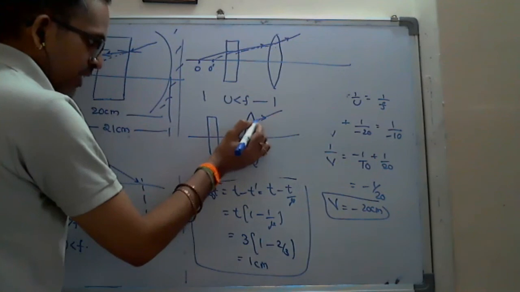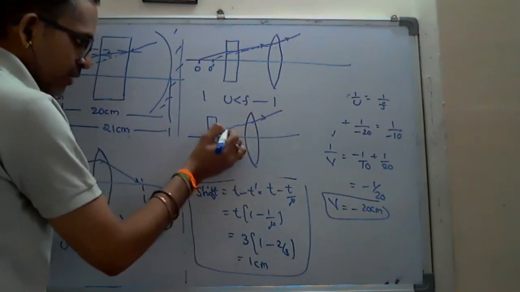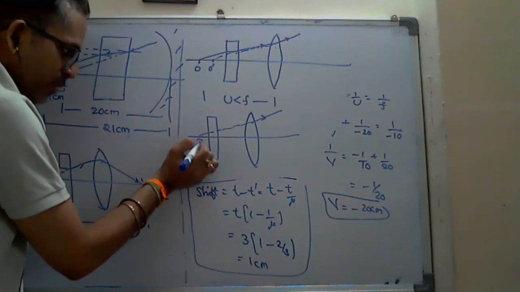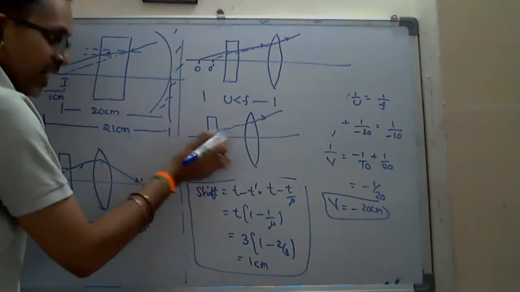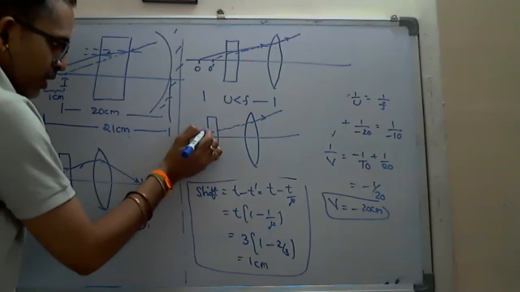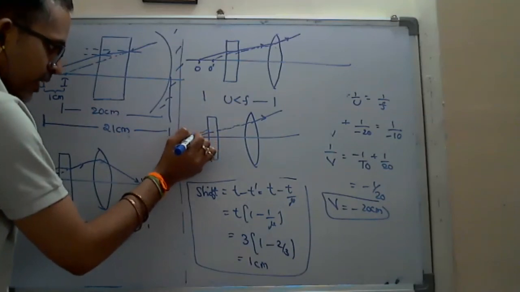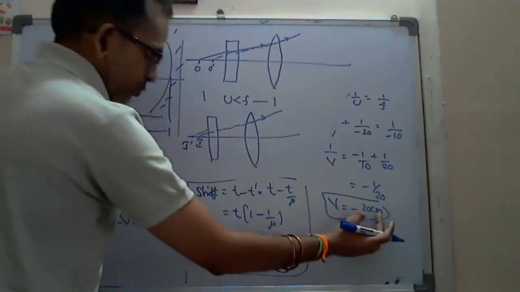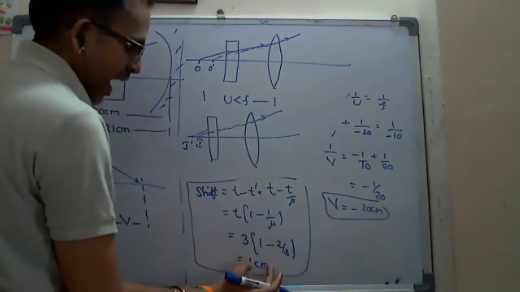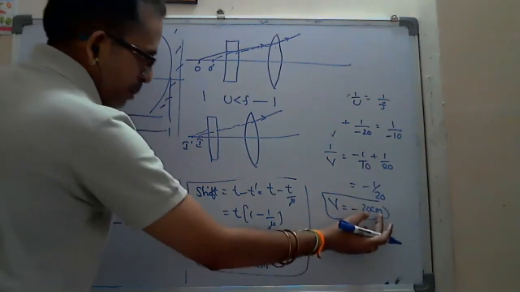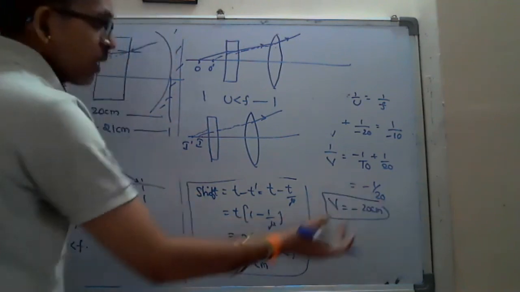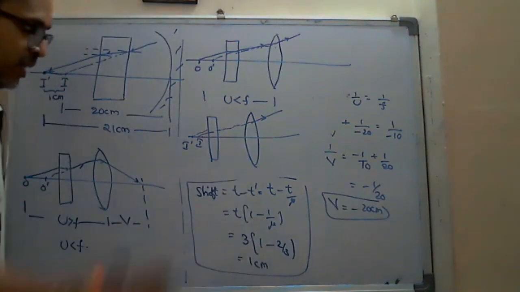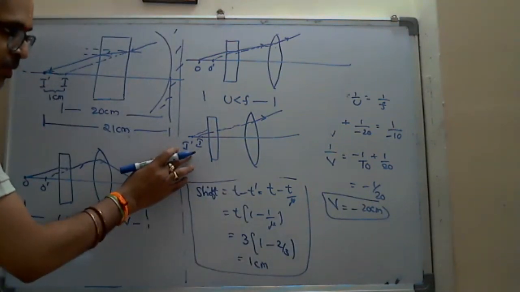If I extend back, again due to refraction, instead of forming the image here, like in the previous problem, finally it may come somewhere here, I dash. So after finding out v, again I add the shift. Suppose the answer is 20, then 20 plus 1, 21 centimeters in this case.